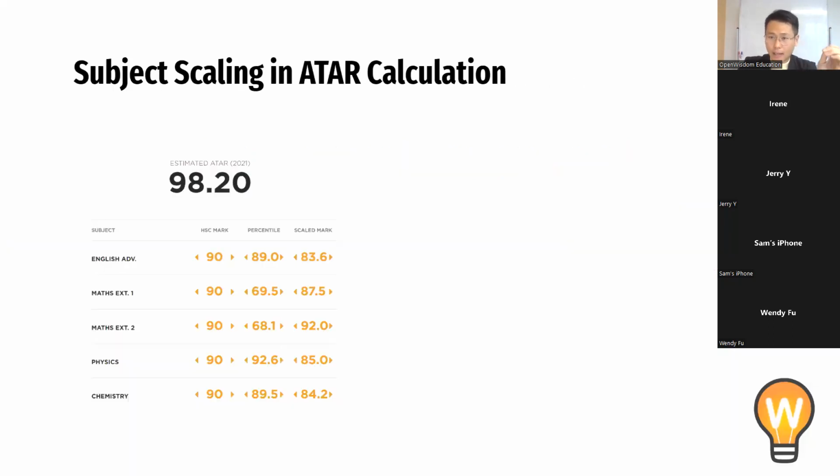Then we use a calculator to illustrate this point further. If we pick a student with high scaling subjects, which are Advanced English, Extension 1 Maths, Extension 2 Maths, Physics and Chemistry, and this student gets an HSC mark of 90 across all subjects, this student will get an ATAR of about 98.2.